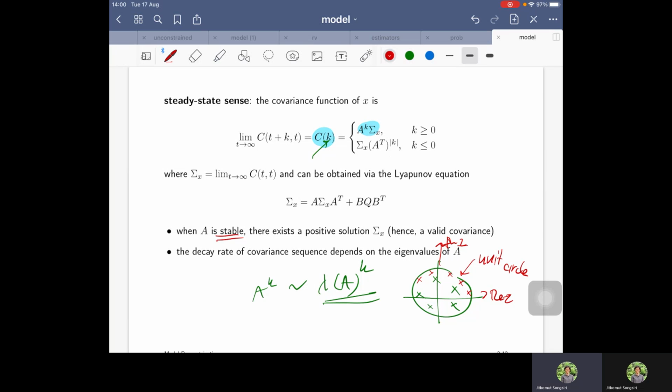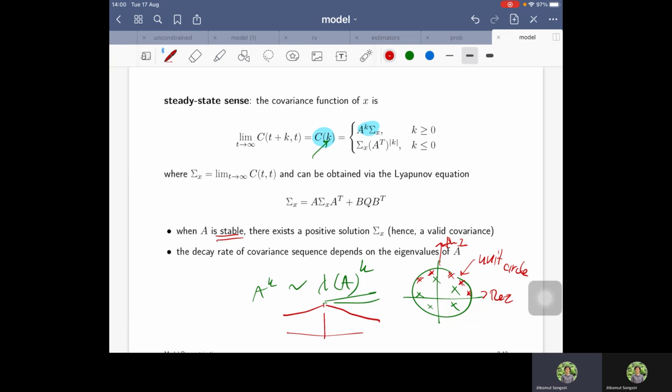Coming back, if the eigenvalues of A are located near the boundary, the eigenvalue is of course going to decay very slowly, and what you're going to see in the covariance function is that it gradually decays.